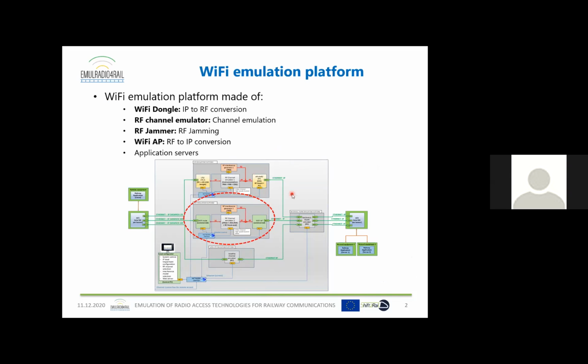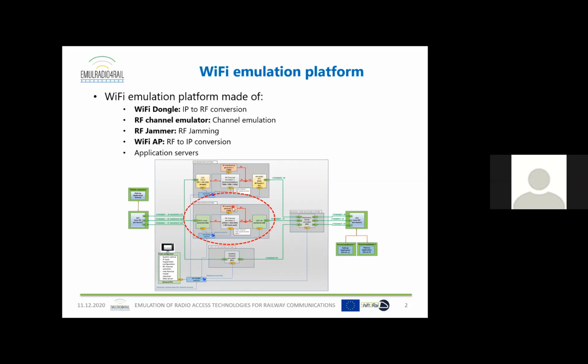So this Wi-Fi emulation platform is made of a Wi-Fi dongle in charge of converting from IP to RF, the counterpart, which is the Wi-Fi access point, for the contrary situation from RF to IP. We have the channel emulator in the middle, which in this case is the one built for this project.